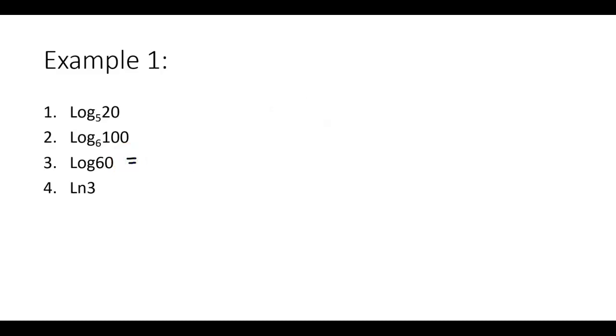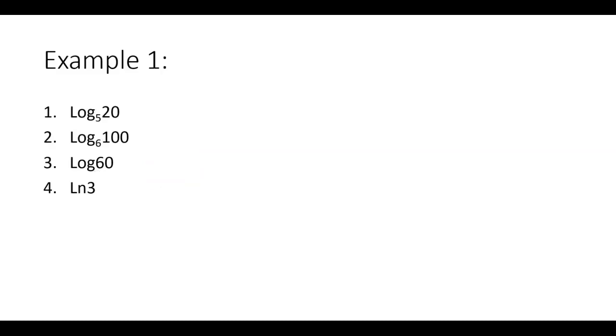All right, for the next one, log of 60. Well, it's got a base of 10 already, right? I don't know what power I would have to raise 10 to in order to get 60. There's not a nice answer for that, so once again, we're going to use our calculators. However, for this case, you could do change of base. Don't write this, but it'll work, though it's kind of pointless.